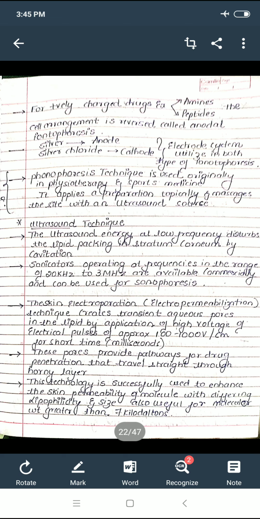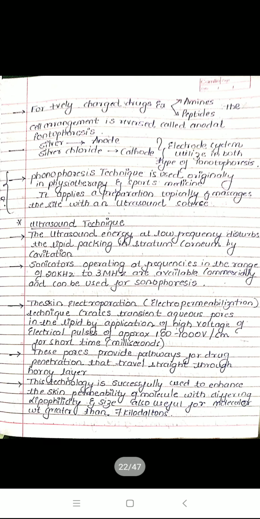So these pores provide a pathway for drug penetration that travels straight through the horny layer. This technology is successfully used to enhance the skin permeability of molecules with differing lipophilicity and size, and is also useful for molecular weight greater than 7 kilodaltons.